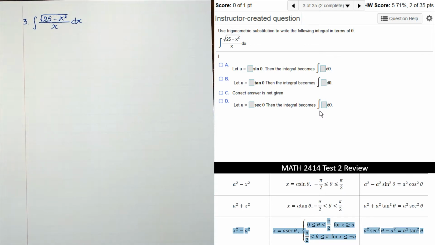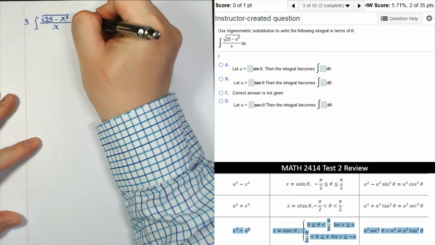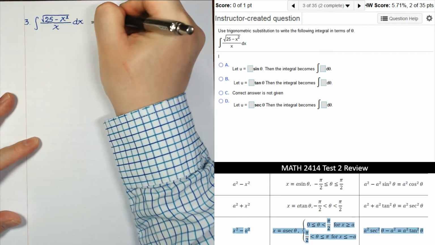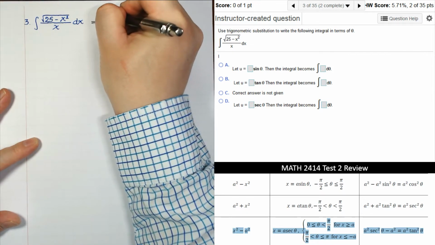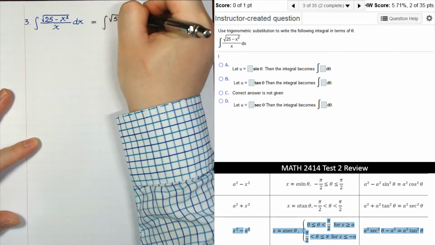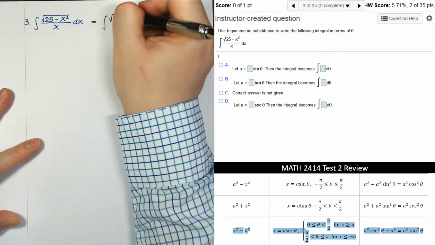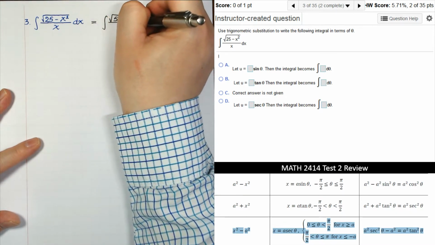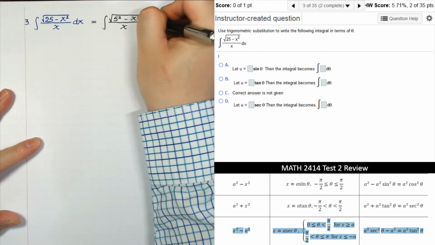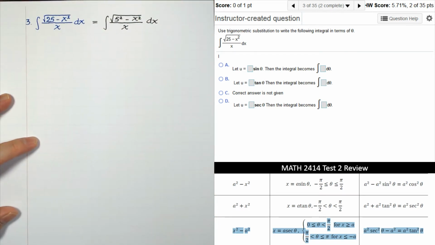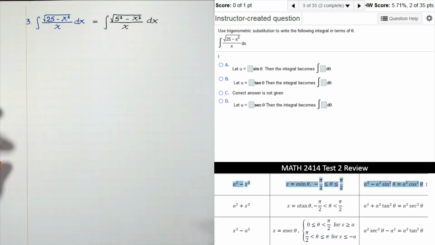Of course, we focus only on the square minus variable square. So we will have a constant square minus a variable square.